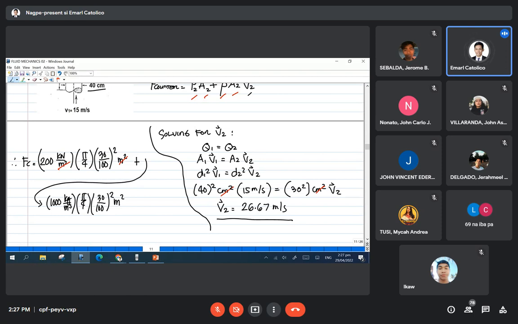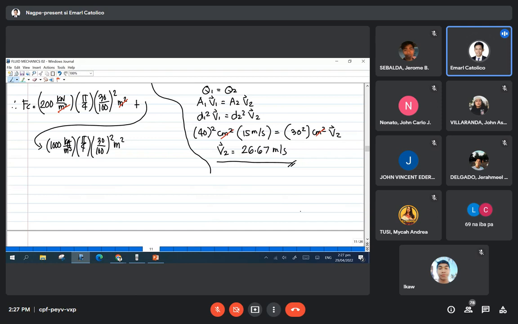Then velocity 2 natin ay nakuha natin, which is 26.67 meters per second. So, ang unit natin dito ay in terms of Newton. So, i-divide natin pa ng 1,000. 1 kilonewton is 1,000 Newton.